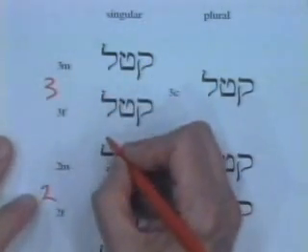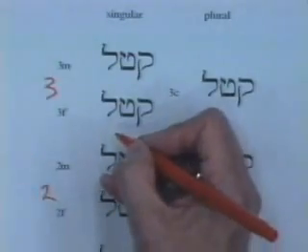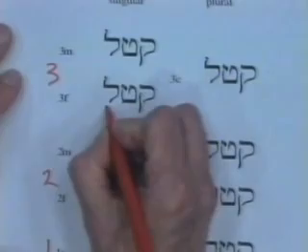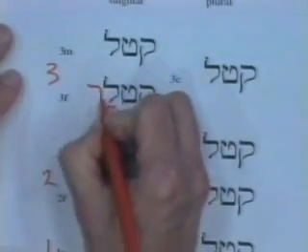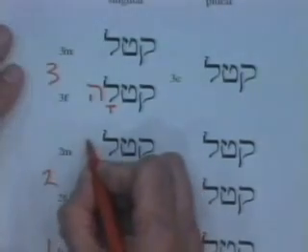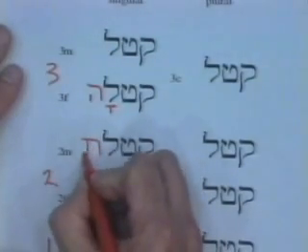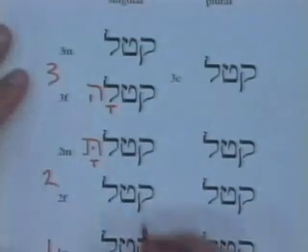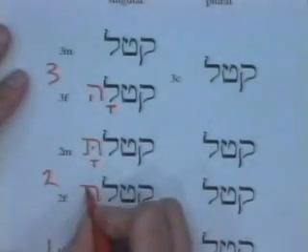In the third singular feminine now, can you do this from memory already? What should this end in? The third singular feminine should end in komets hay. Okay? The second masculine has a ta ending. The second feminine has a t ending.